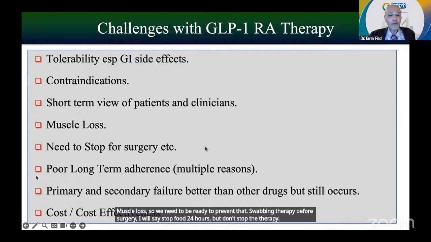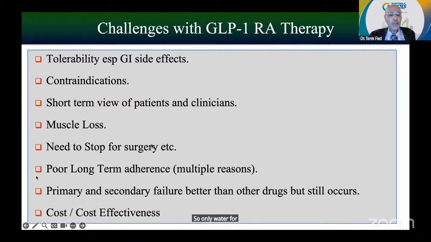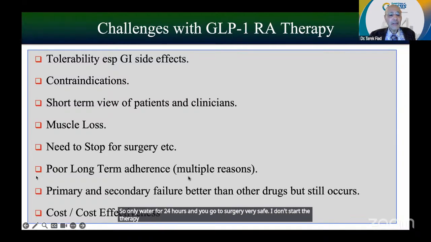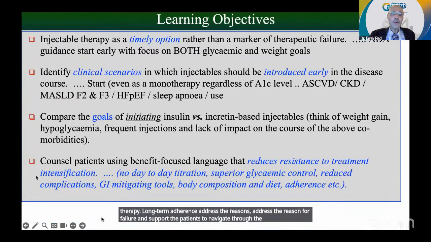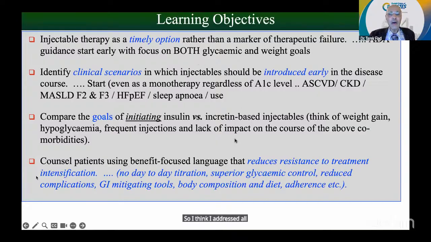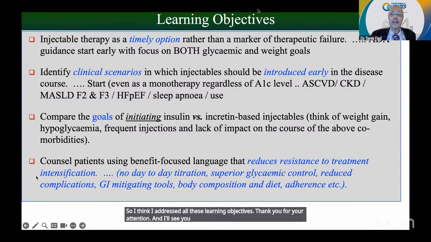So only water for 24 hours, and you go to surgery very safe. I don't stop the therapy. Long-term adherence, address the reasons for failure, and support the patients to navigate through the course process. So I think I addressed all these learning objectives. Thank you for your attention, and I'll see you later for the Q&A.